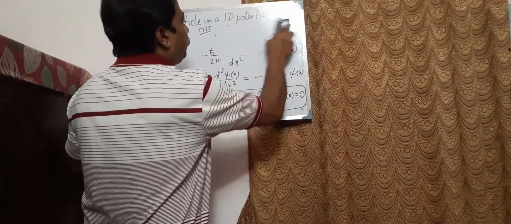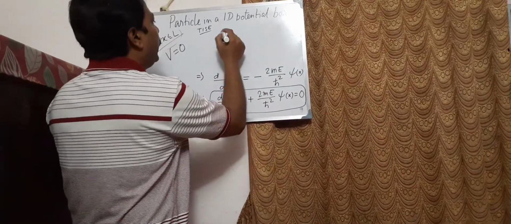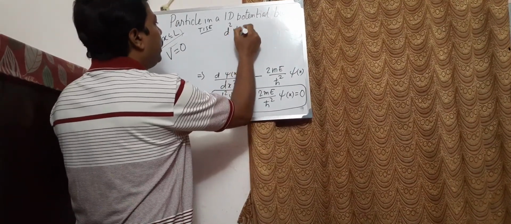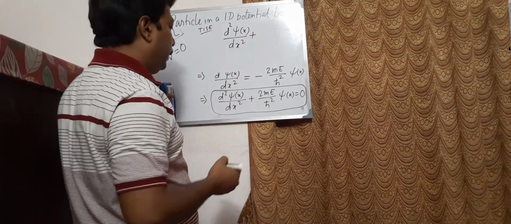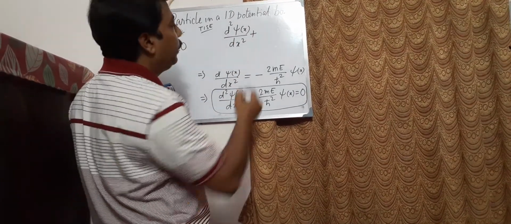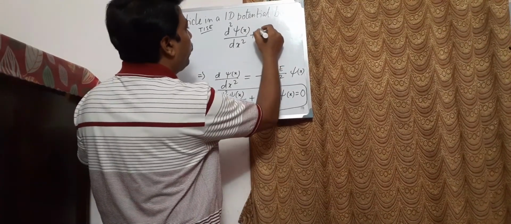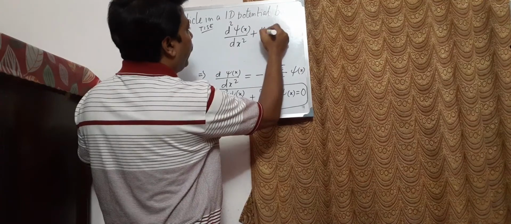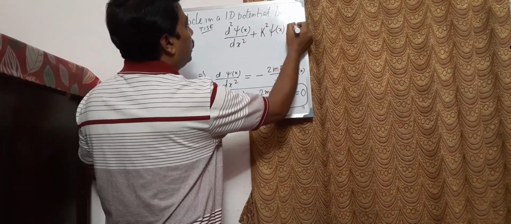And as you can see, this equation is exactly similar to our equation of motion for a simple harmonic oscillator. If I put this 2mE by ħ² as some k², say, into ψ(x) equal to 0.